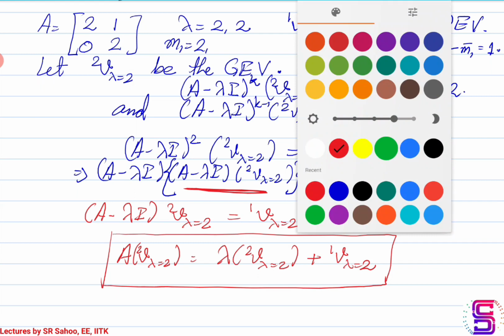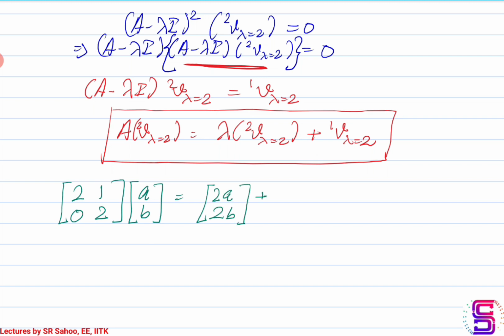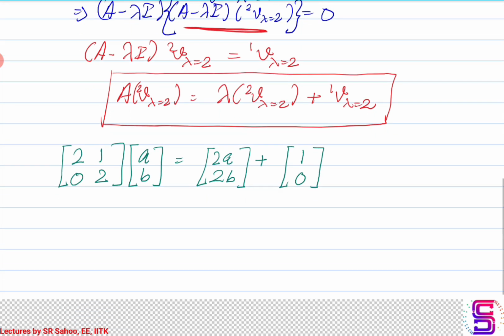So if we stick to the matrix that we have in hand, which is 2 1 0 2, and I say that A B represents the variables for the generalized eigenvector, this I can write as 2A 2B because lambda is equal to 2, plus for the ordinary eigenvector I have this.